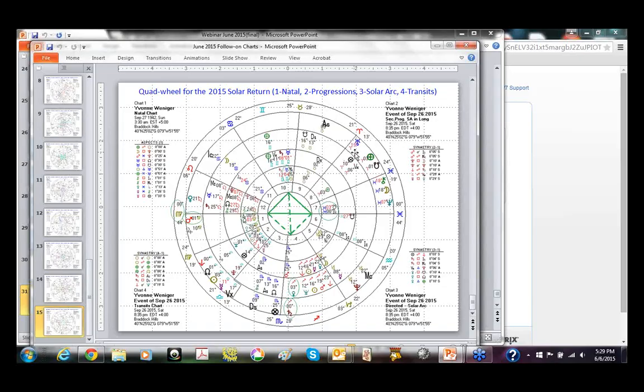Like transiting Uranus is right now at 19 degrees Aries. So anything here that is at 19 degrees is going to be making some kind of aspect to Uranus. So you could literally spend forever just trying to find all the little nuances that are there.